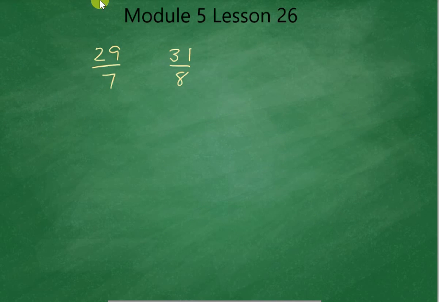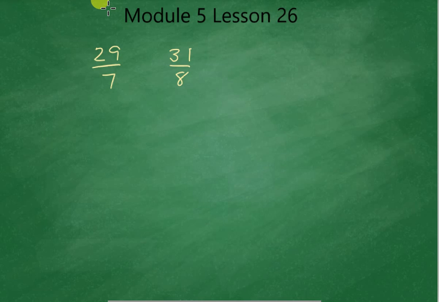All right, for this next part, we have 2 fractions greater than 1, or improper fractions, and we want to decide to compare them, which one is larger than the other one. So, well, first thing I suggest we need to do is convert those into our mixed numbers.